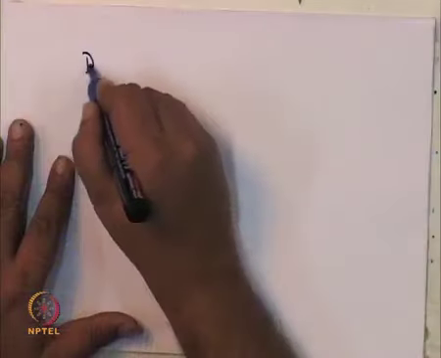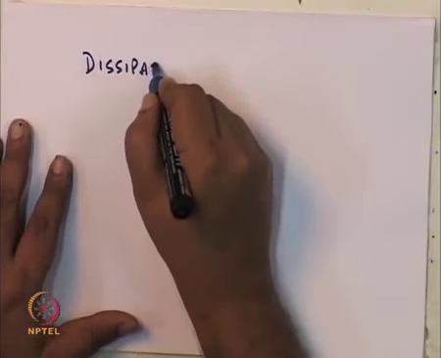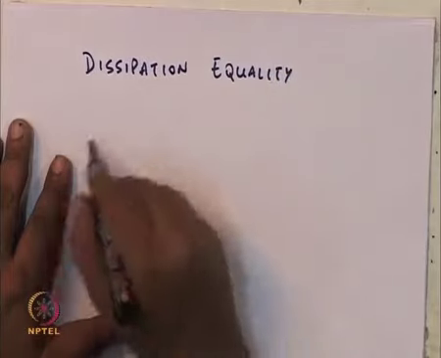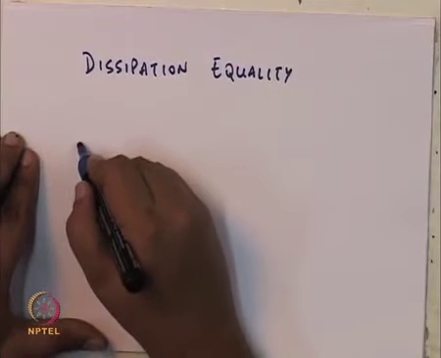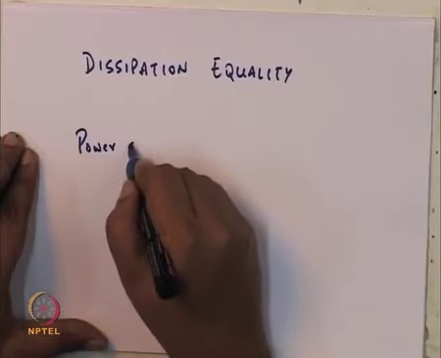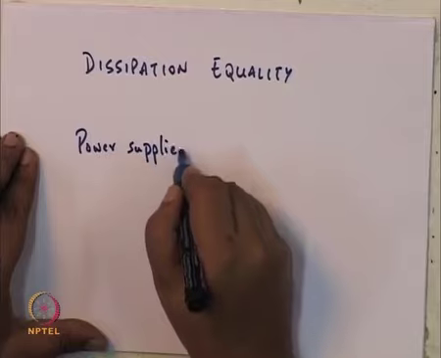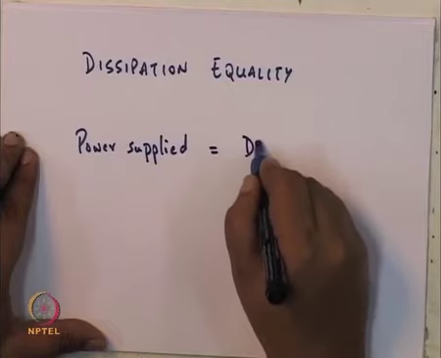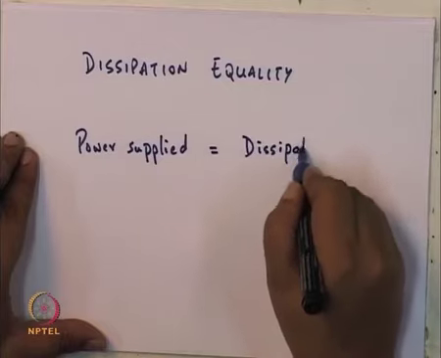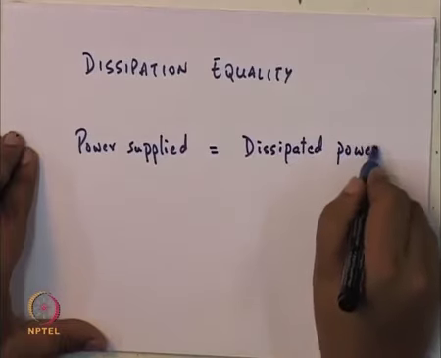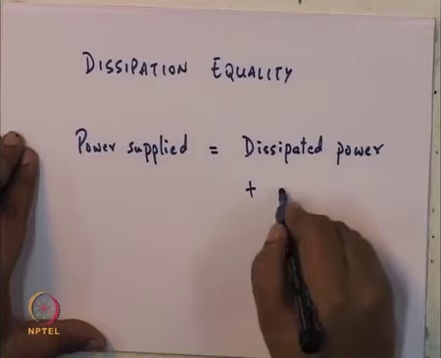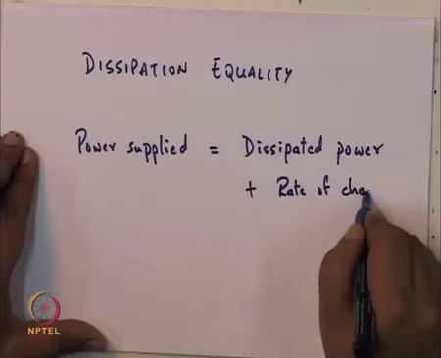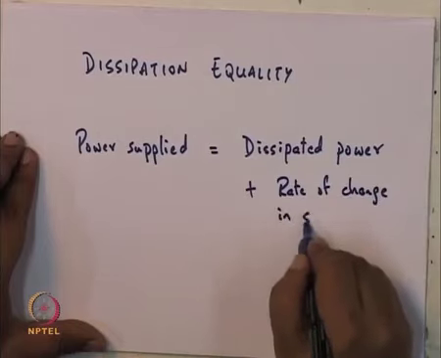This equation is what's called the dissipation equality, and what it says is that power supplied is equal to dissipated power plus the rate of change in stored energy.